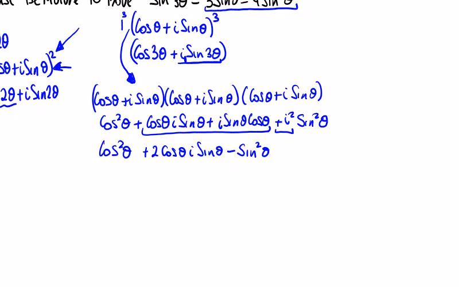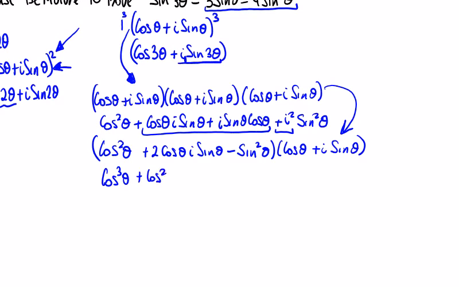Now we're going to multiply this by cos theta plus i sine theta. So we're going to get cos cubed theta plus cos squared theta i sine theta plus 2 cos theta by cos theta, so 2 cos squared theta i sine theta.